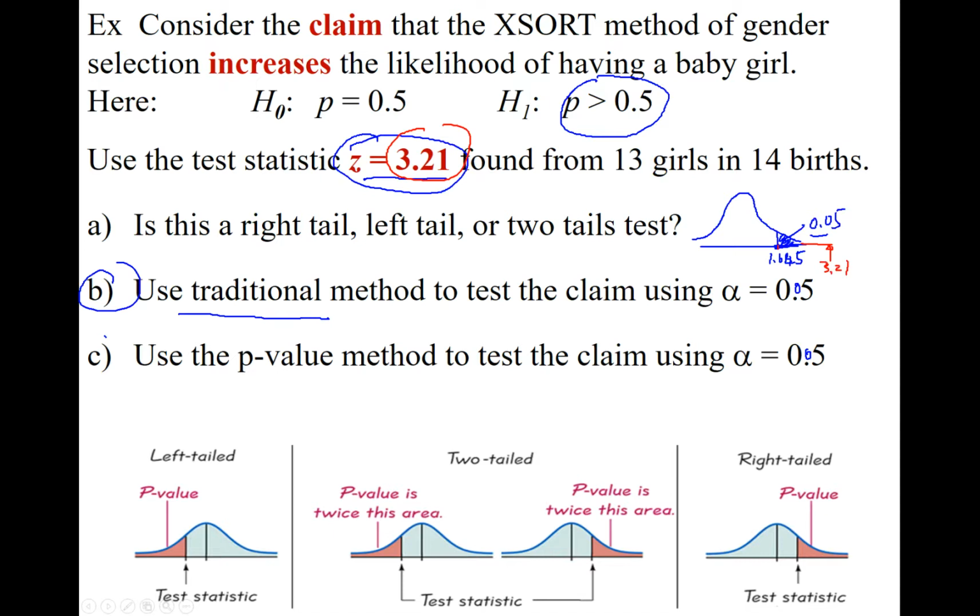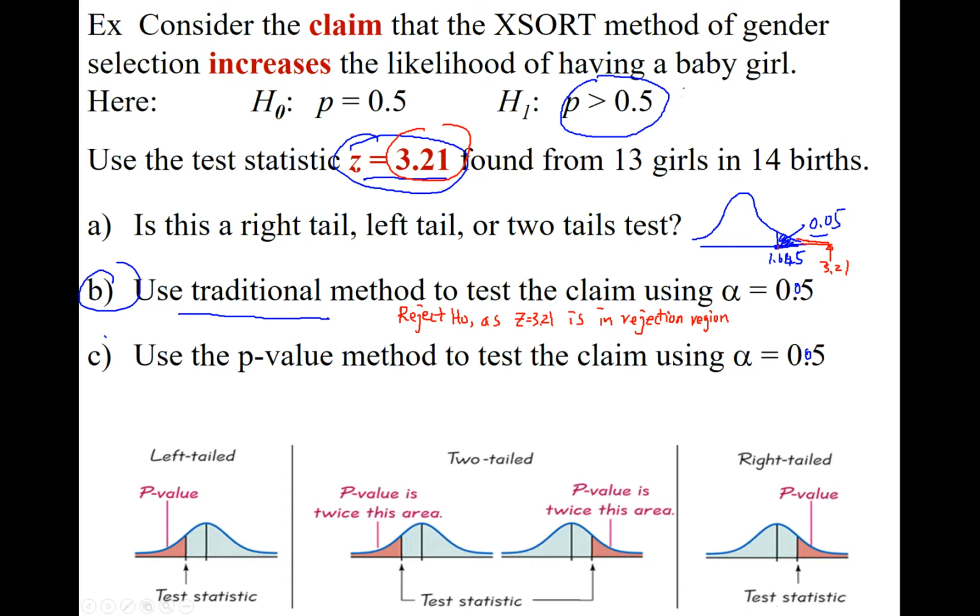So the 3.21, because it's located on the right side, which means the rejection region, therefore we reject H0 because the test statistic 3.21 is in the rejection region. Rejection region, right? So that's how we use the traditional method to test this claim.